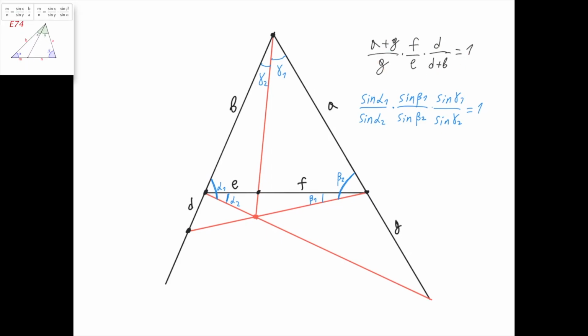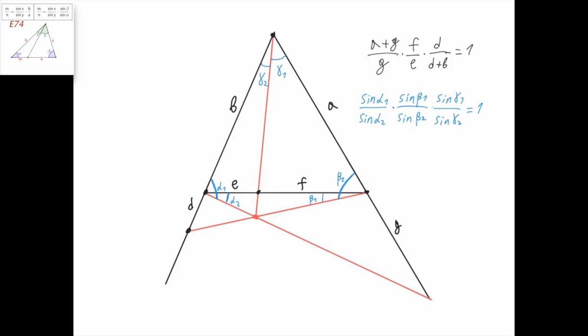You just apply the law of sines for this triangle and this triangle, for example, and then you get that sine of beta 1 over sine of beta 2 equals d over d plus b times a over c, if this side here is c. Then you apply the law of sines for this triangle, and you get sine of gamma 1 over sine of gamma 2 equals f over e times b over a.